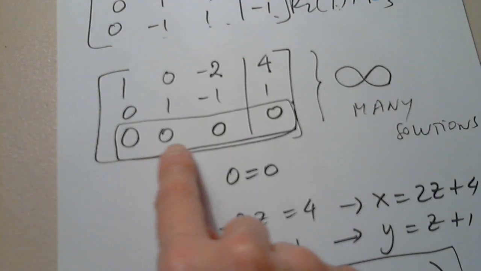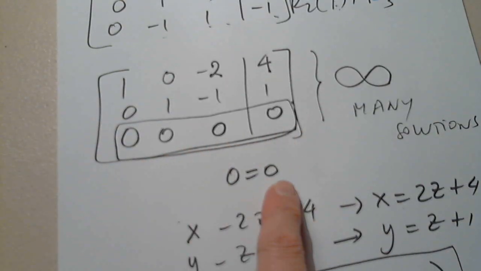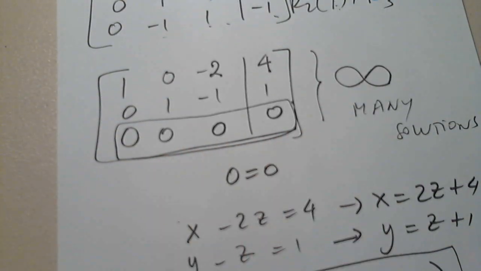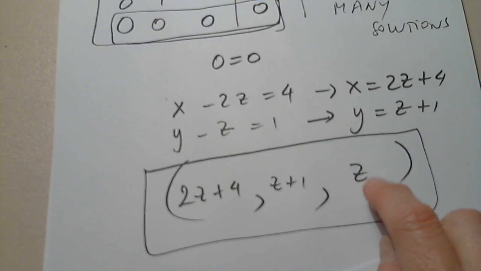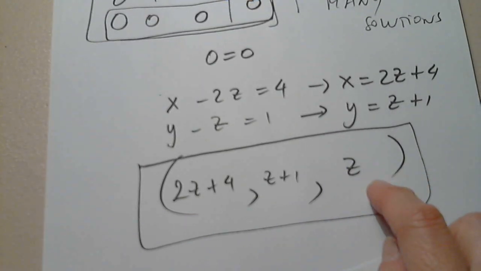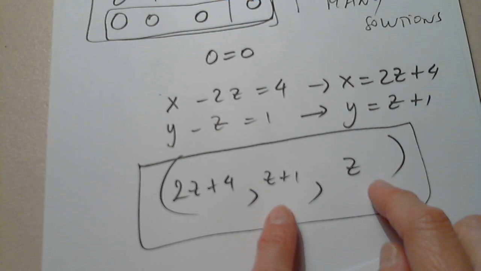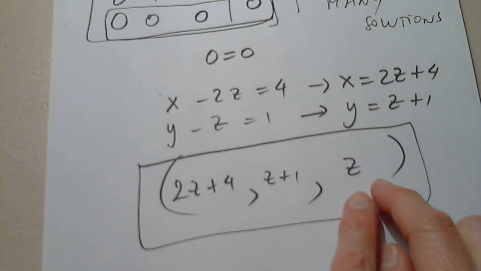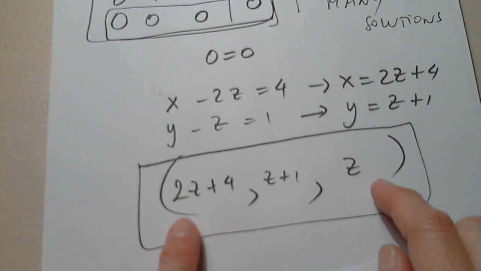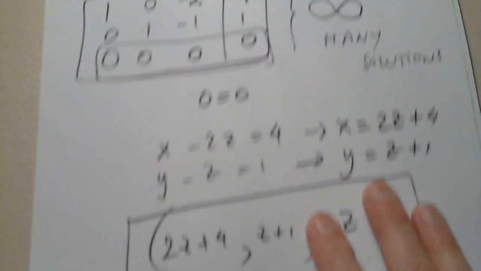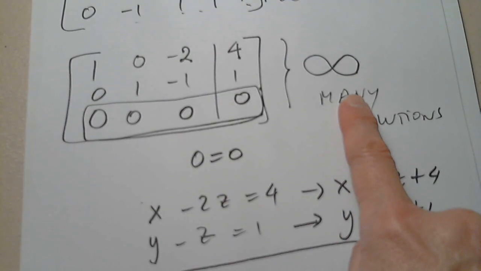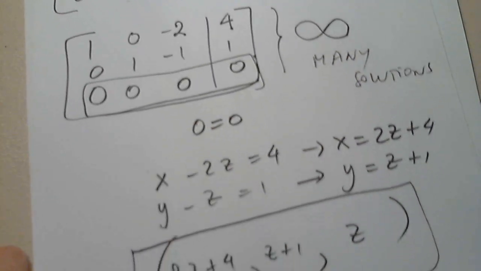But because this is a true statement, indeed 0 equals 0, then we have something called a parameter. So if z is 1, then this is 2, and this is 6. If z is 0, then this is 1, and this is 4. If z is -1, then this is 0, and this is 2. I calculated based on z. That's why we have infinitely many ordered triples.